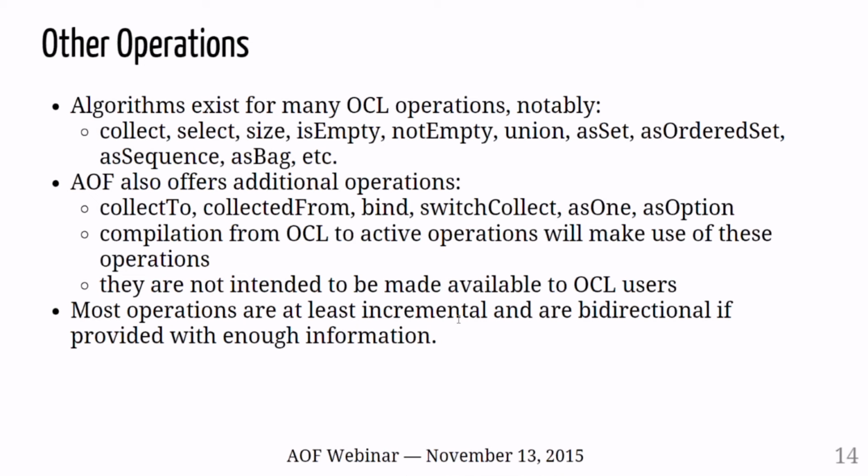For instance, collectTo and collectedFrom are similar to collect, except that they keep traceability information, which means that if you use it in a transformation context, you can retrieve the same computed value that was computed in a prior execution and avoid computing new values all the time.